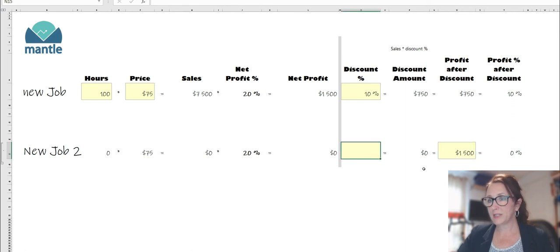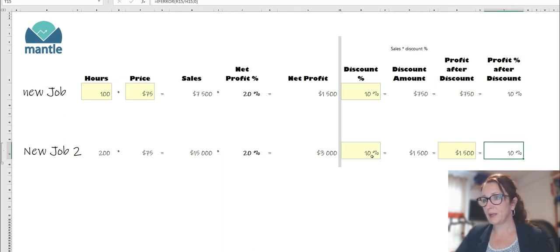But the customer is still expecting a 10% discount. So we put the 10% into the price estimate. And if we just concentrate on this side for a minute, what we see is that our profit after discount is still 10%. Our discount is still 10%. And of course, the profit after discount is higher because the original sale, as we're going to see, is also higher.